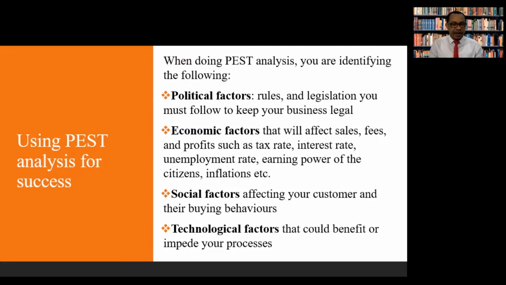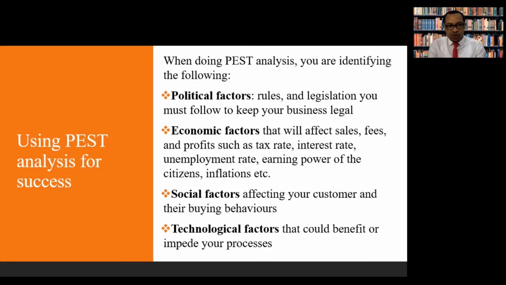Now, starting with PEST analysis, when you are doing your PEST analysis, you are identifying the following: political factors, which include rules and legislation you must follow in order to keep your business legal. At the same time, you are looking into economic factors that will affect your sales, your fees, and profit, such as tax rates, interest rates, unemployment rates, earning power of the citizens, inflation, and others.